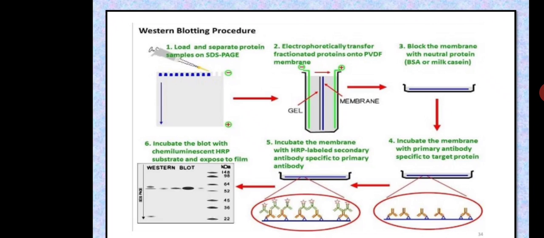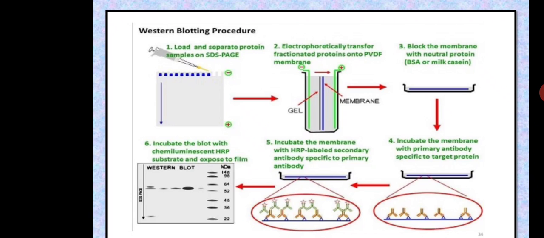Okay, so what did we do first? We will start from the first process, which was extraction of protein, and we extracted the protein by using the centrifugation technique. Secondly, after extraction we performed SDS-PAGE. In SDS-PAGE the molecules separated on the basis of size and shape, and we can say charge.